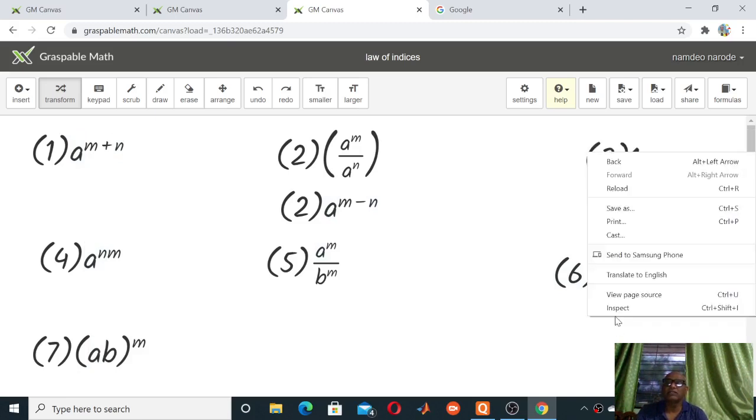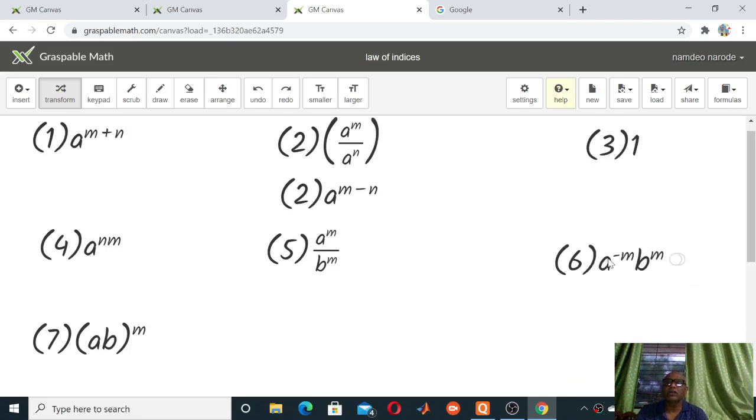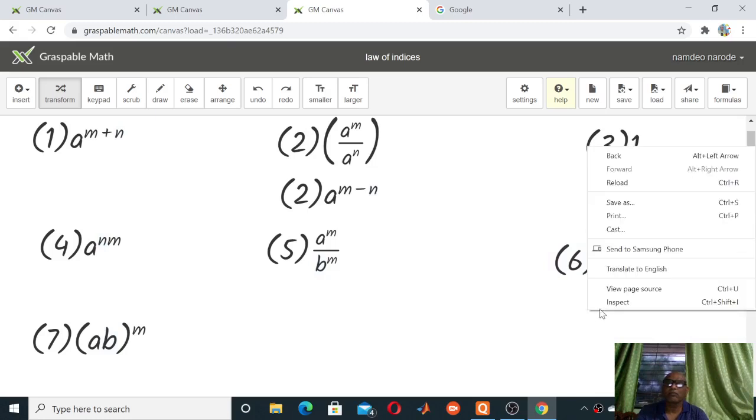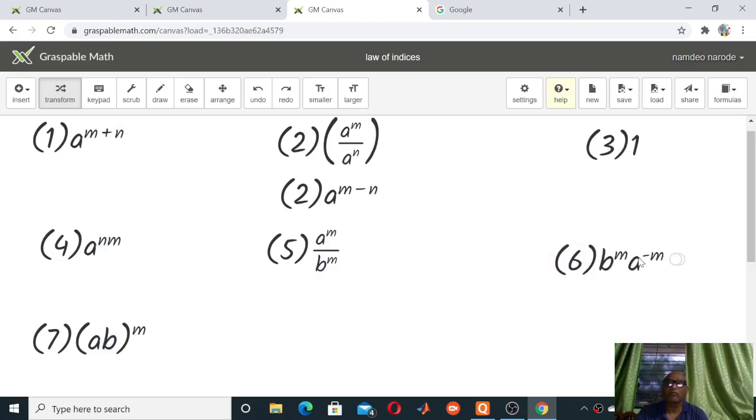And if we take this a on the downward direction, see what will happen.